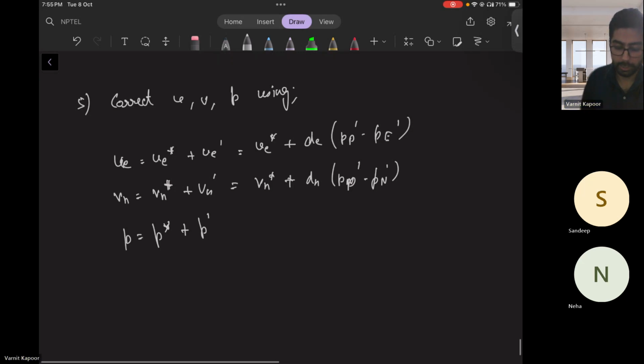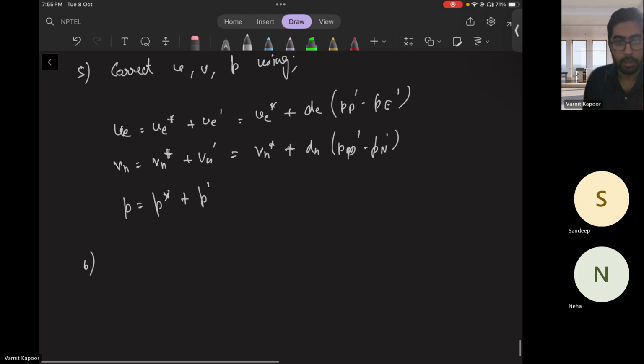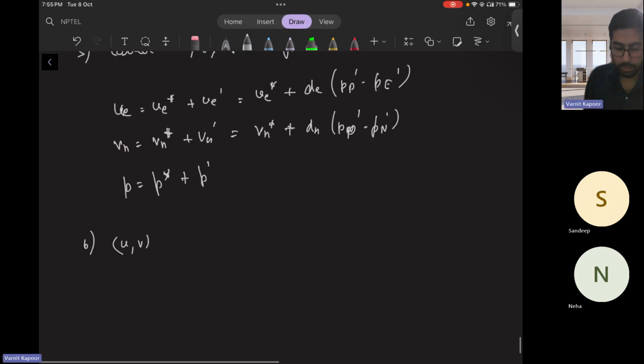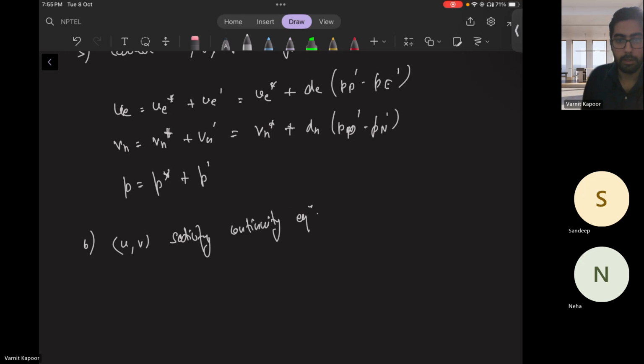Okay. The next step, U, V satisfy continuity equation but not momentum equation. Okay.